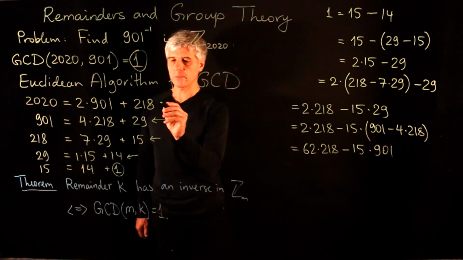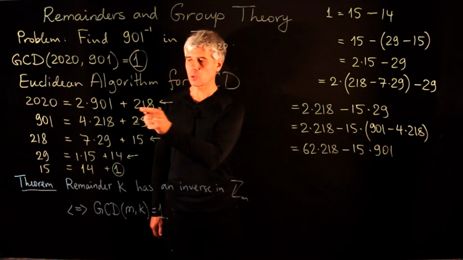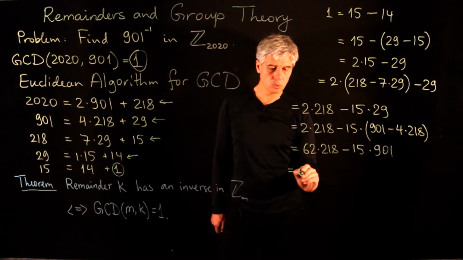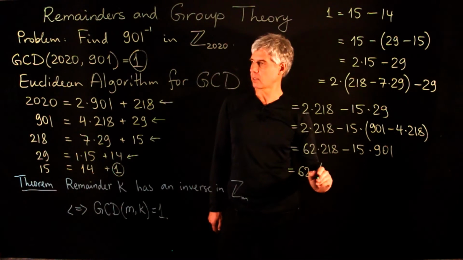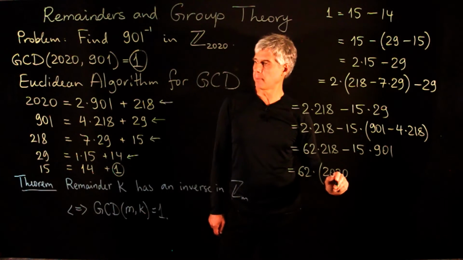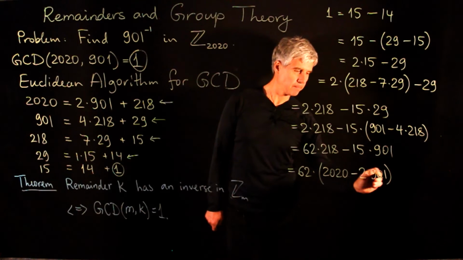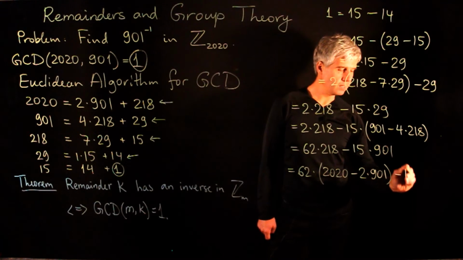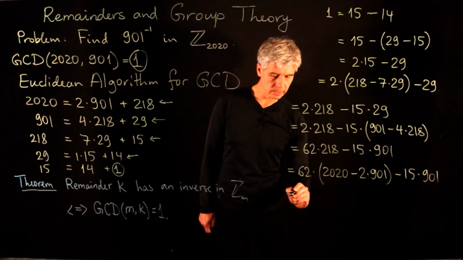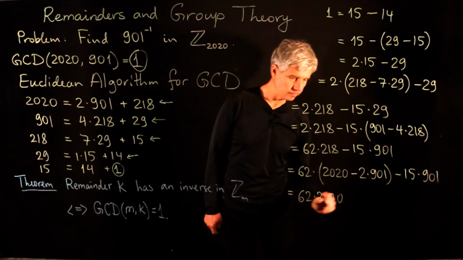And finally, we go to the last line, and we eliminate 218. So we get 62 times 2020 minus 2 times 901 minus 15 times 901. So that equals 62 times 2020.